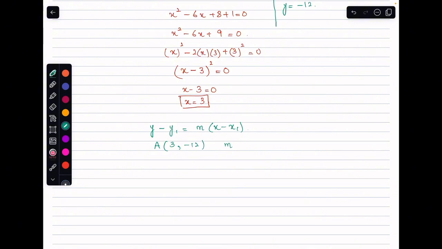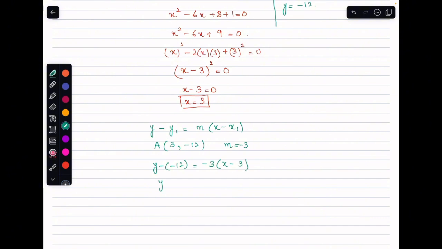Our gradient here was equal to negative 3. Therefore, substituting these values, y minus minus 12 equals the gradient, negative 3, times x minus 3.